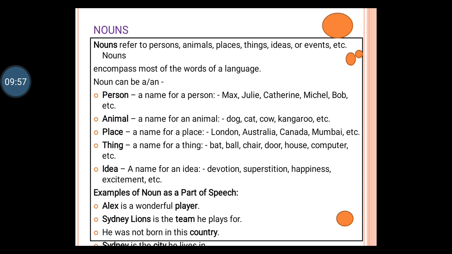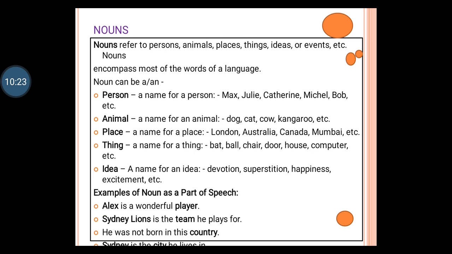Now, a noun can be an animal. A name for an animal: a dog, a cat, a cow, a kangaroo. Some of you with pets in the house, like dogs, cats, birds, and all that, we even go a little further and give our pets names.